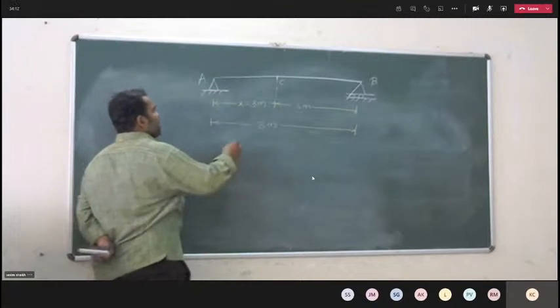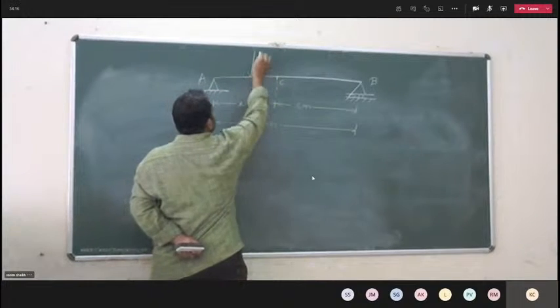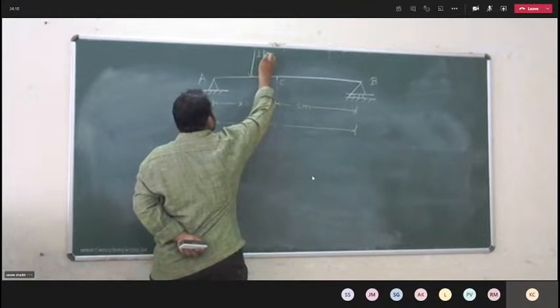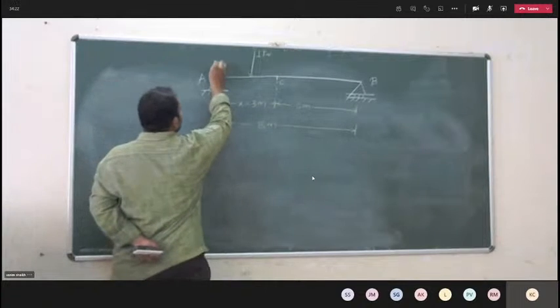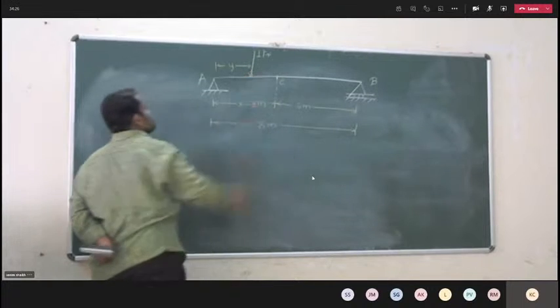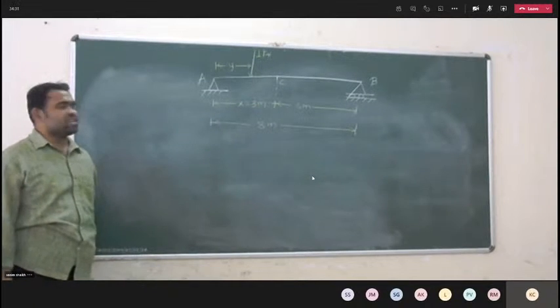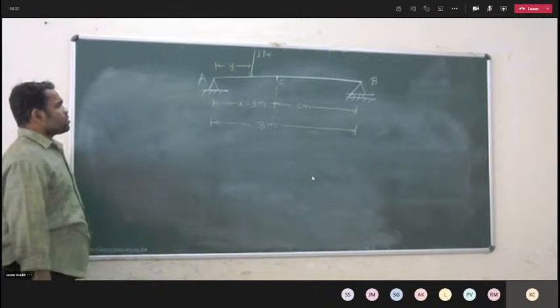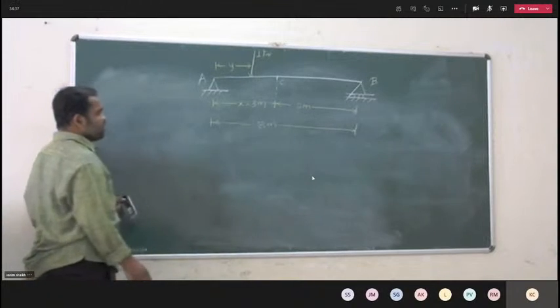So if I consider a 1 kilonewton load at a distance y from the left support, now I have to find out RA and RB.